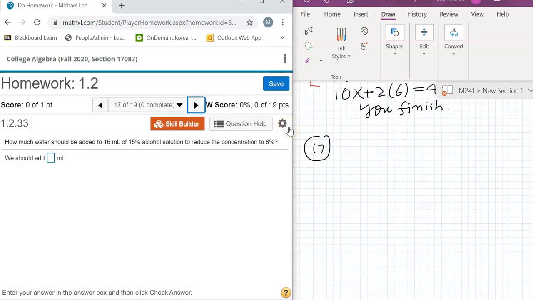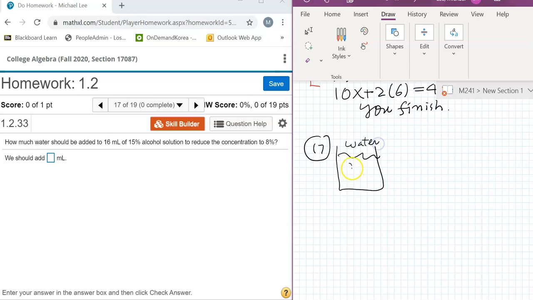17 is: how much water should be added to 16 milliliters of 15% alcohol solution to reduce the concentration to 8%? So you're going to add water. How much alcohol is in the water? 0%, nothing.